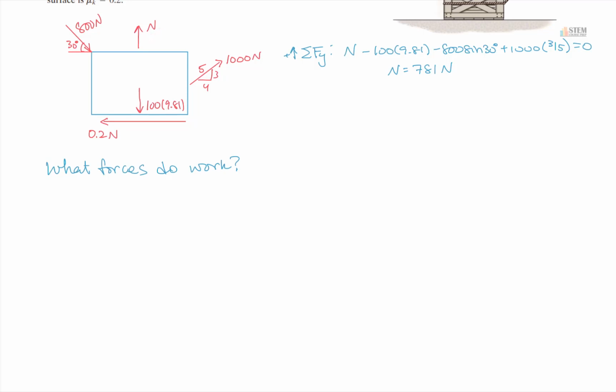These two are not doing any work, because we are not having displacement in the y direction. Our displacement is totally in the x direction. That means friction's going to do work because friction's in the x direction. It's in the opposite direction of displacement, but it's still in the horizontal direction. And then we're going to have this component here. That's going to do work. So let's just put the 1,000 Newton force, and then same thing with 800, because again, there's that x component. So let's put 800 here.